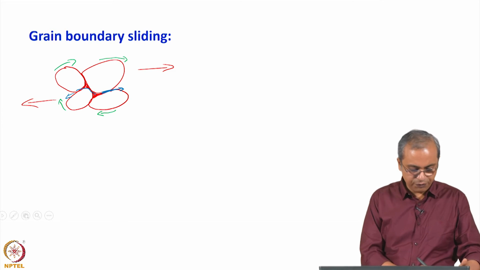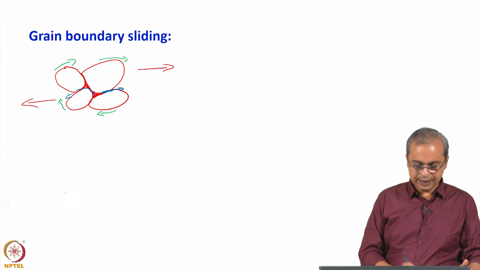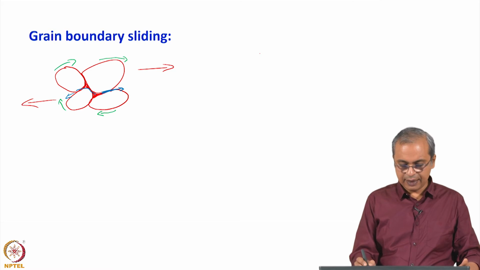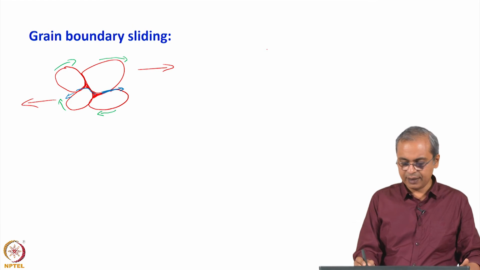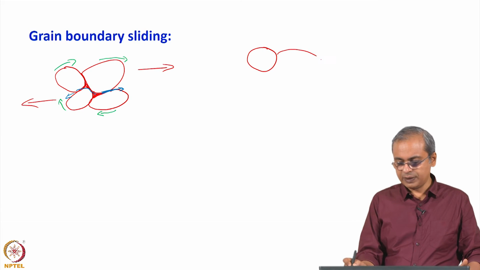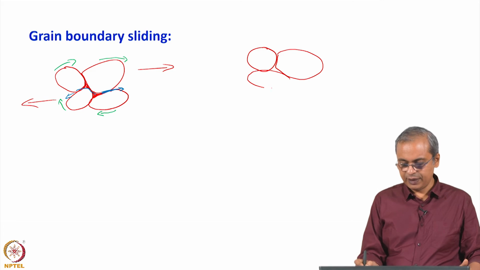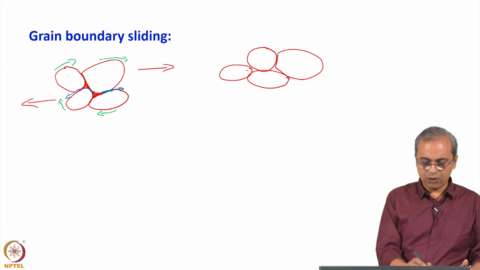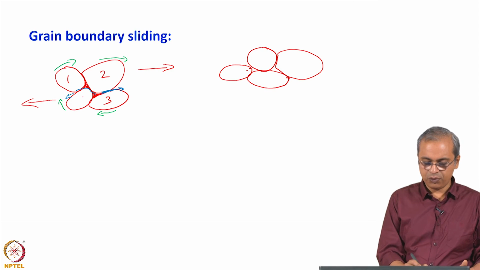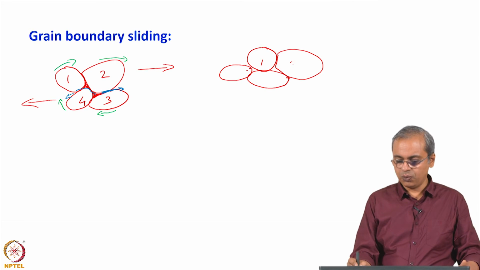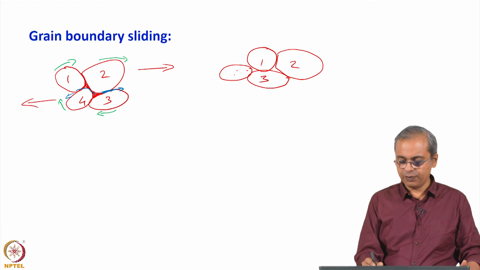So let us say after a little bit of deformation has occurred, this is still your other grain there, and this is twisted down that way a little bit, and then this grain has come off here, and the other grain is sitting here. If I call this 1, 2, 3 and 4, you now have 1, 2, 3 and 4.